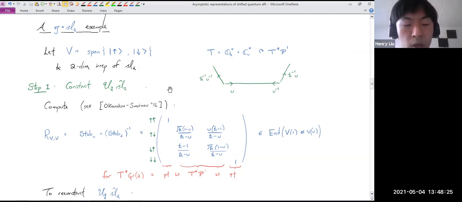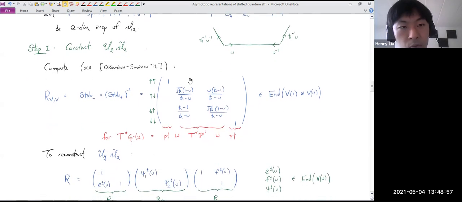And so the first order of business is to construct UQ SL2 hat from the R matrix. And I really want to do this in some detail because it's the exact same procedure which is followed to reconstruct shifted versions of UQ SL2 hat from what's called the asymptotic R matrix. So first we'll do the standard case.